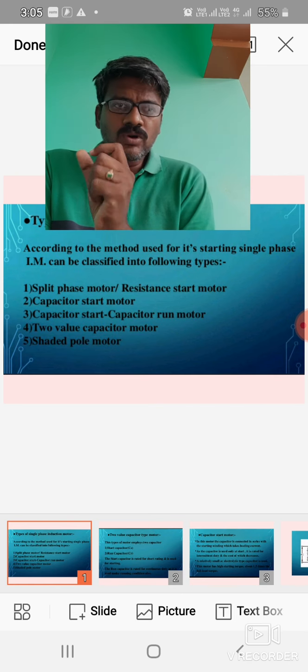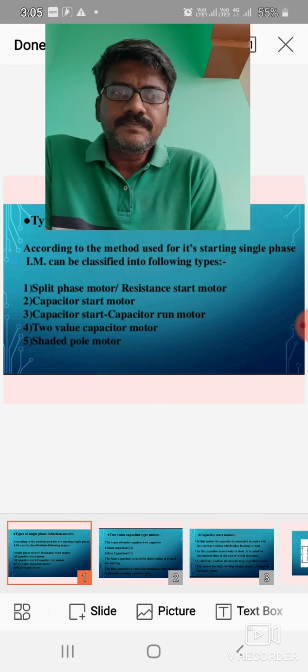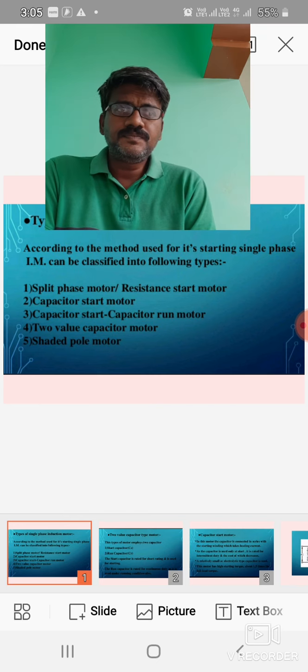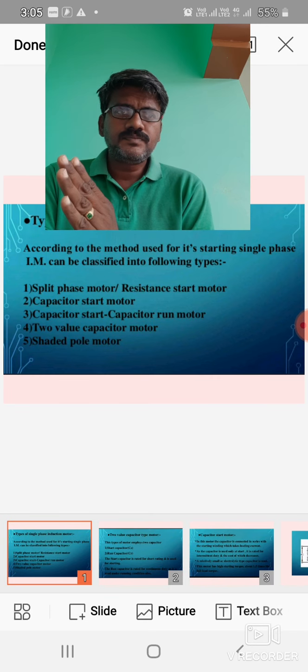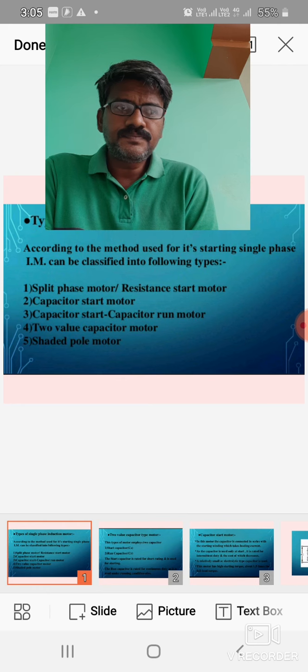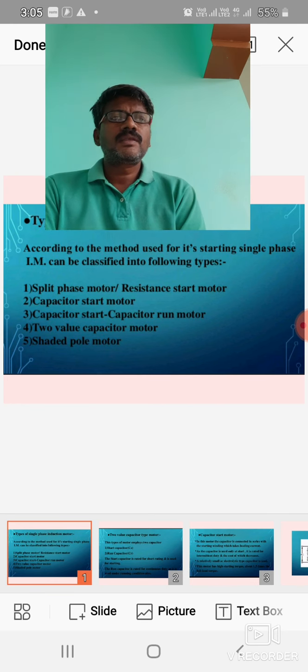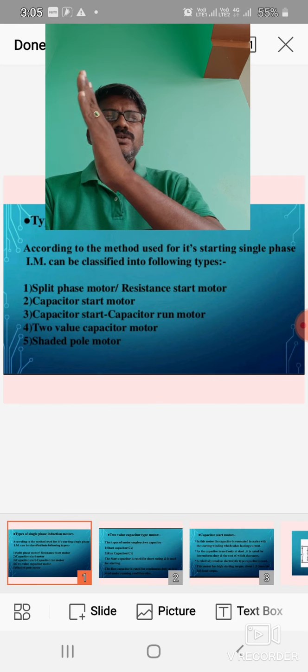In a shaded pole motor, by using the shaded ring, the flux moves from the unshaded portion to the shaded portion.